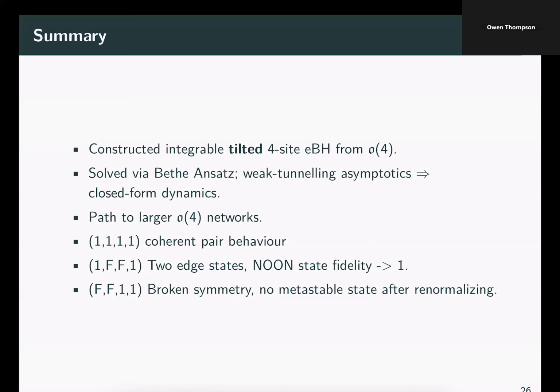It's a relic slide, but the regular model just shows coherent pair oscillations. These extended models show all sorts of interesting things we're still looking into, but they seem promising for generating useful quantum states.